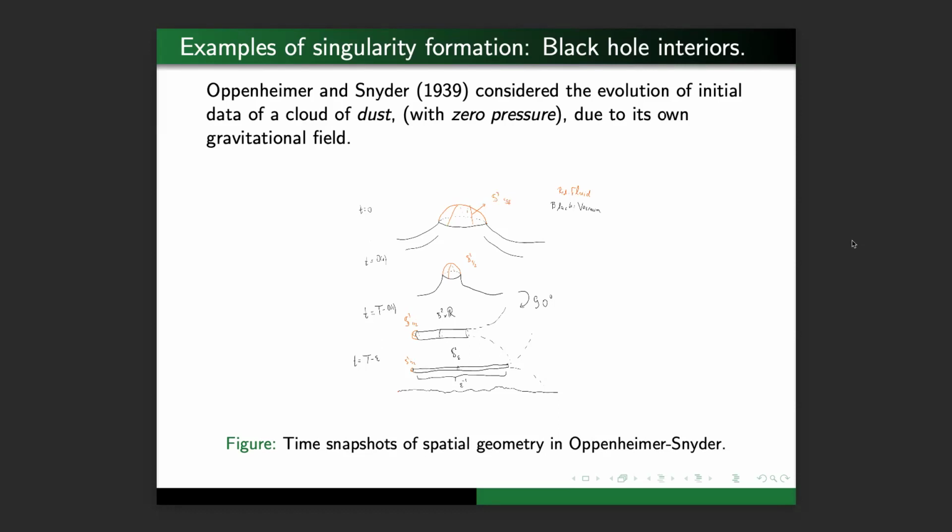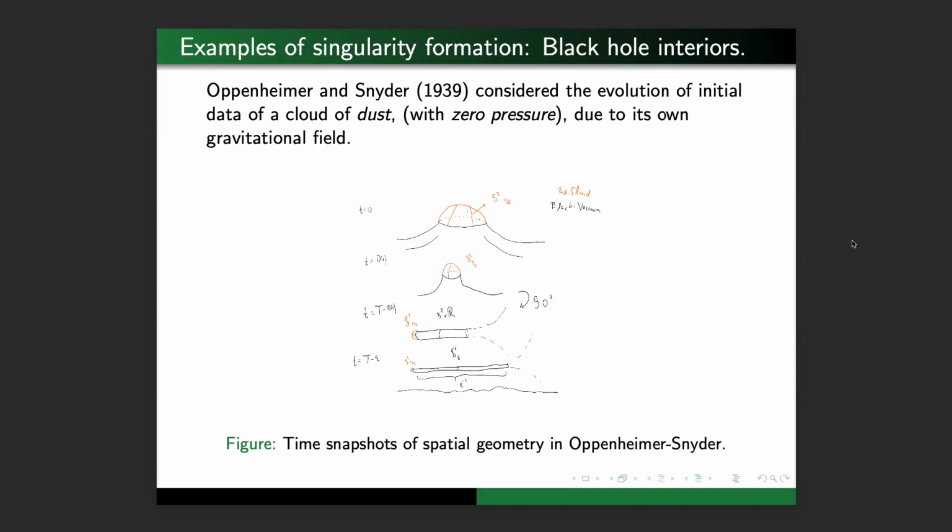In fact, initially it is less than half of S3. It's a unique spherical cap so that if you choose your portion of Schwarzschild with R greater than 2m, it's the unique sphere that joins up with it in a C11 way. So the metric matches and the first derivatives of the metric match. So this is the initial data for Oppenheimer and Snyder.